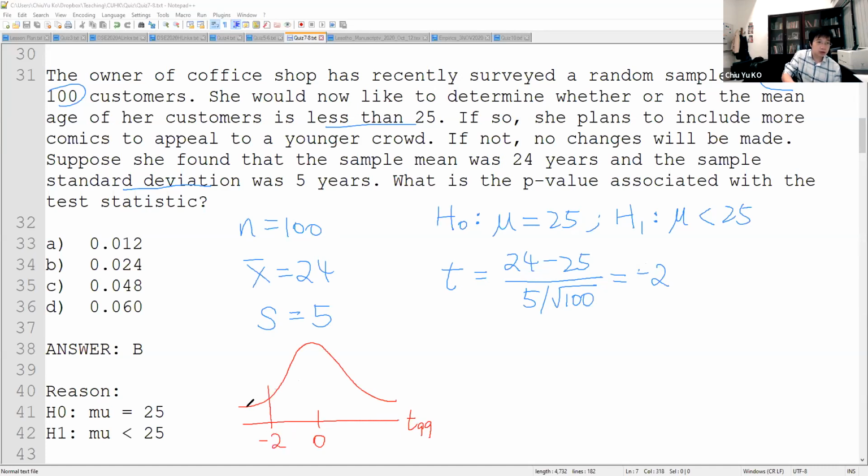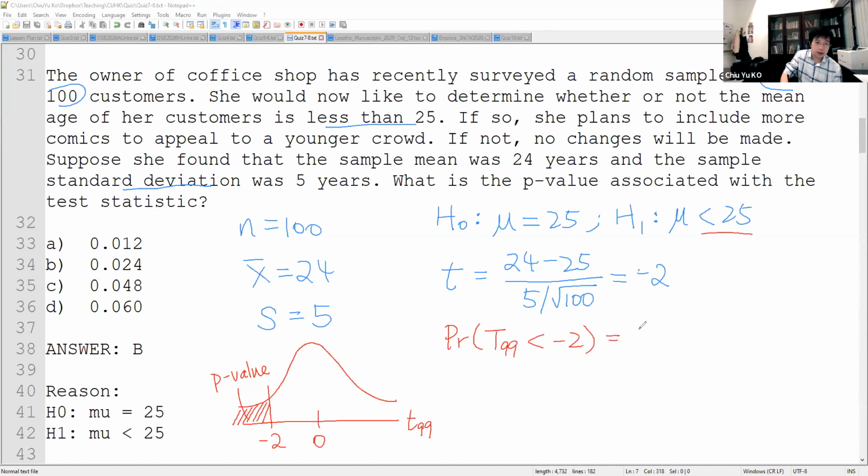So we're just asking, is this area the p-value? Right, because of rejection on the left. So the probability that t99 is less than -2.